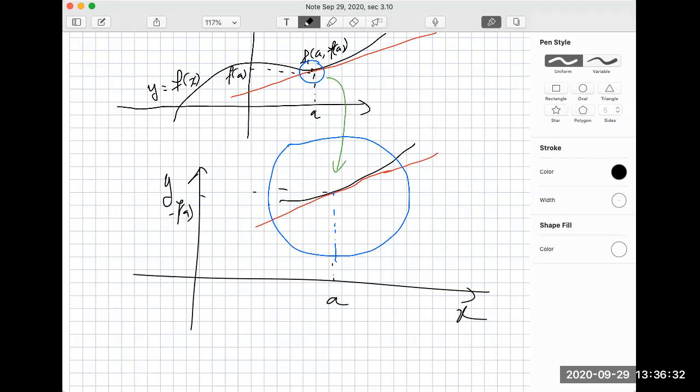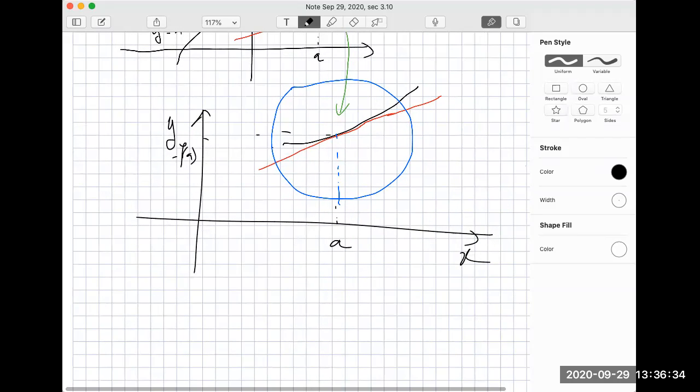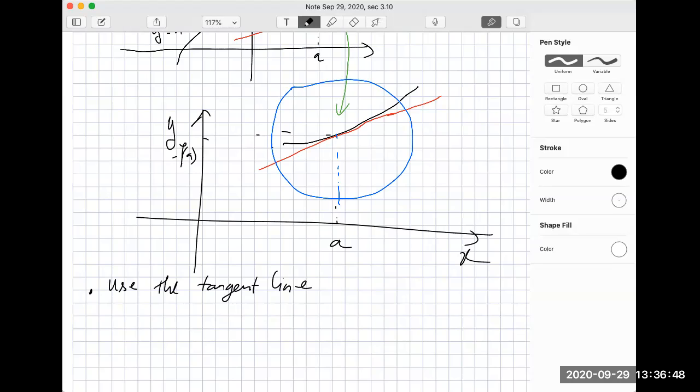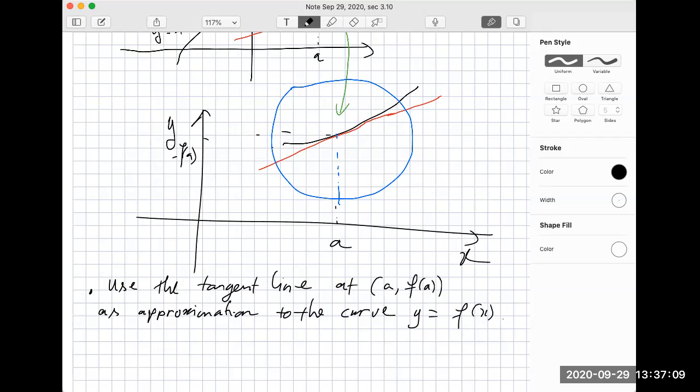Okay. So in this section, we will study this. We will use the tangent line at the point a, f(a) as an approximation to the curve y equal f(x).